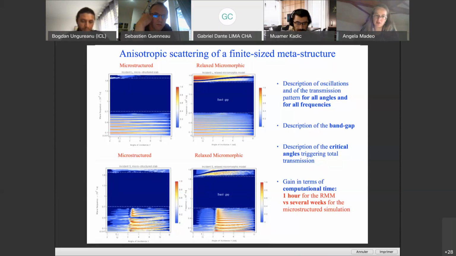We catch the overall behavior for all frequencies and all angles of incidence, and we are also able to catch a kind of critical angle which discriminates between total reflection and total transmission, that was observed both in the microstructured and micromorphic simulation.